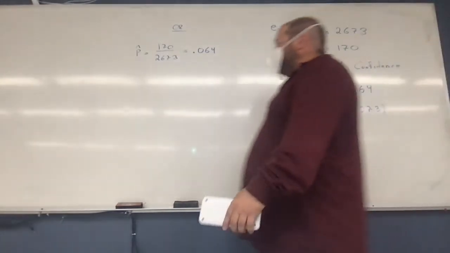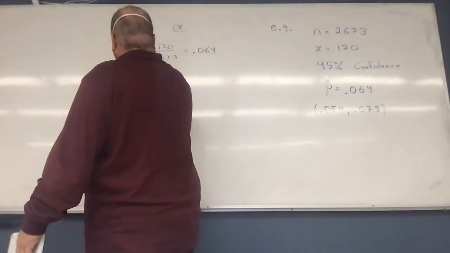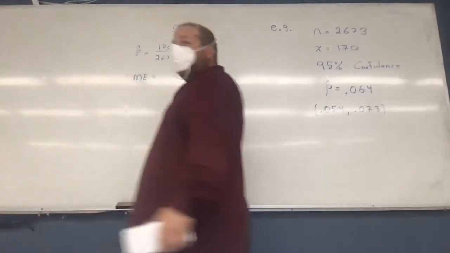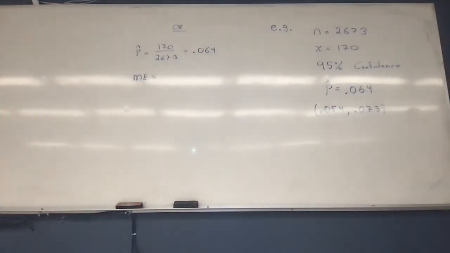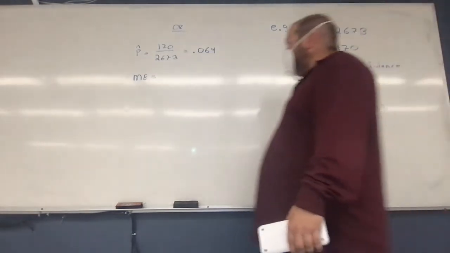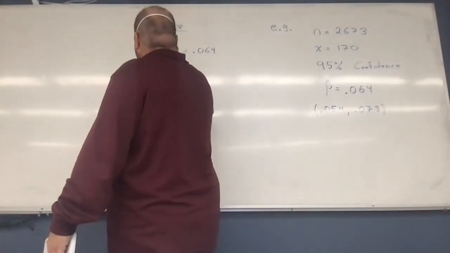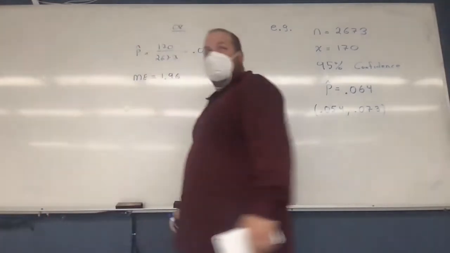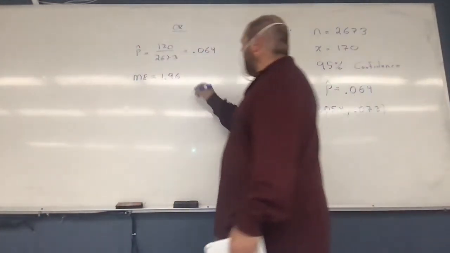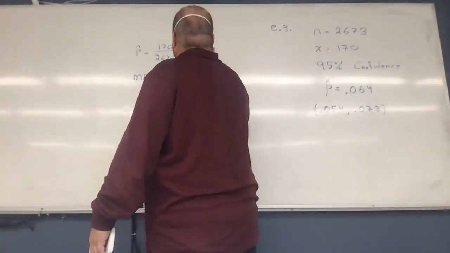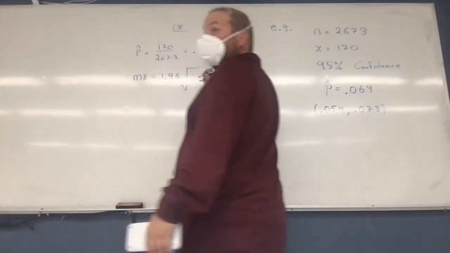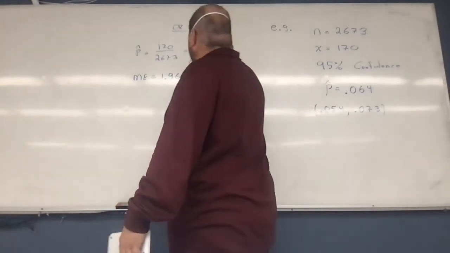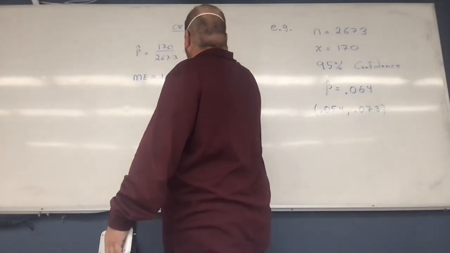Let's now calculate the margin of error. What's the formula for the margin of error again? Z star. This is 95% confidence. So what is my Z star? 1.96 times the square root. What's p hat? Point what? 0.064. Indeed.